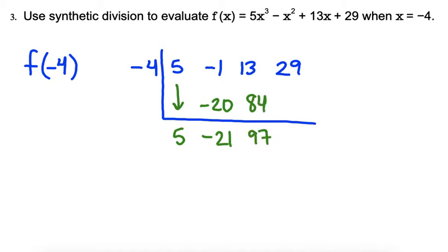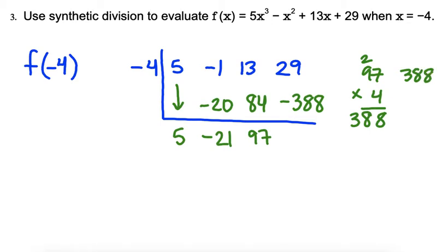We've got to do a little math. 97 times 4: 8, carry my 2, 36, 38. So 388, but it's a negative. Well, let's see, 388 minus 29.